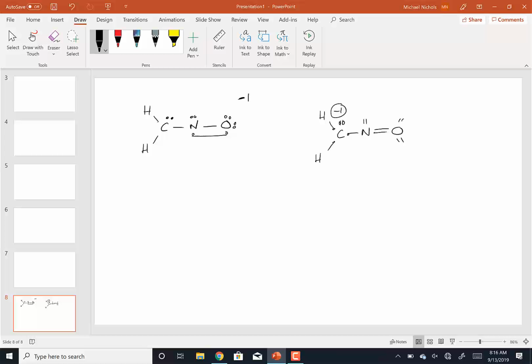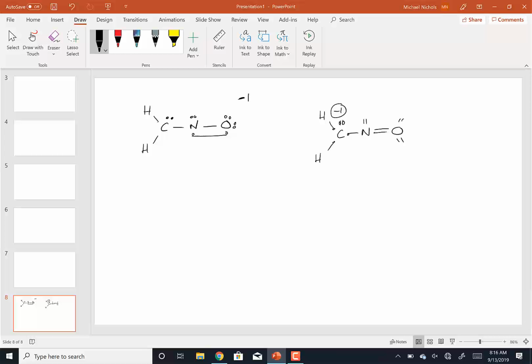All right. So this is a perfect time for us to talk about arrows and how to use the arrows to convert one resonance structure into another. If I want to write the second resonance structure, I need to think about how to move a pair of electrons to form a bond.